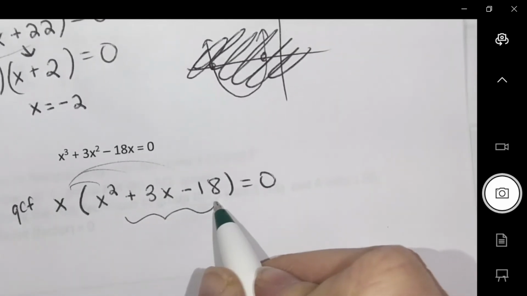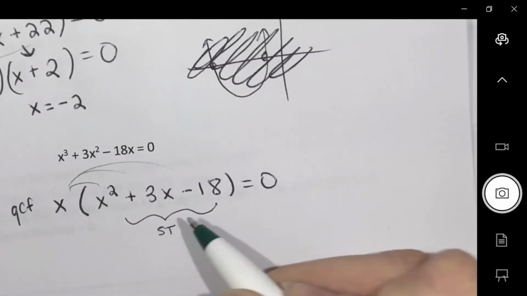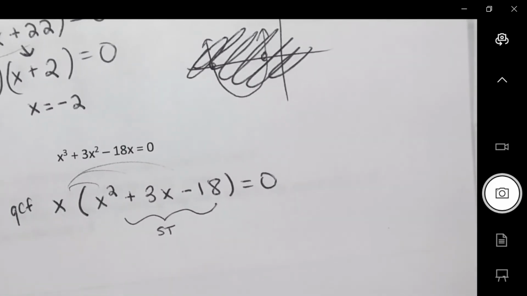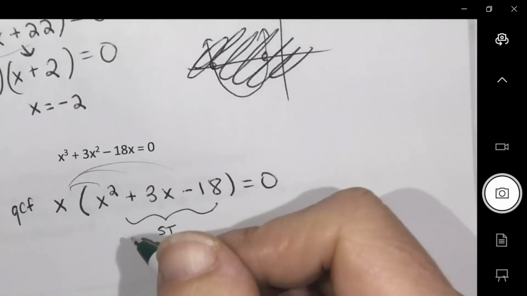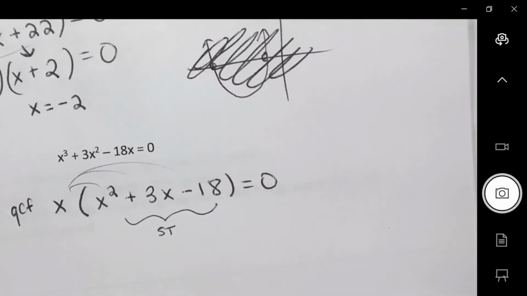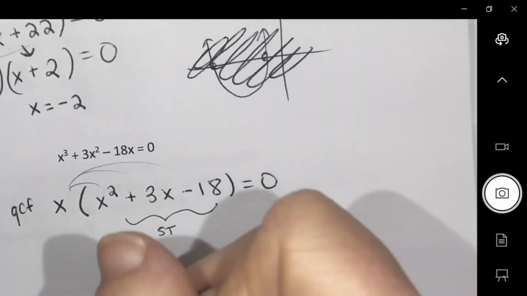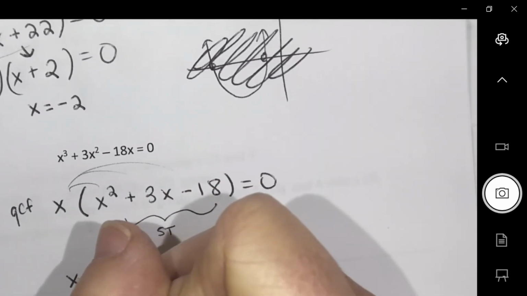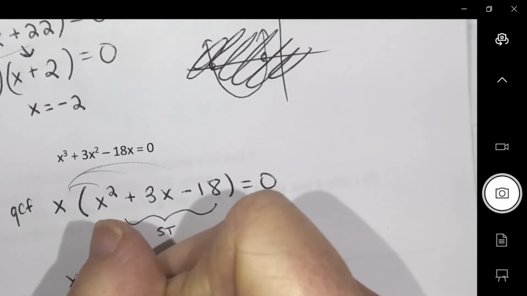I can still now do a simple trinomial. So this one, you should have seen this example in grade 10. It's where you've factored twice in one question. What should I do with the front x though? Keep it there. It can't just magically disappear. I get that a lot.